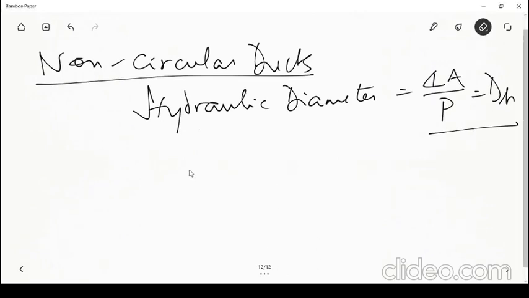So for laminar flows, we said that the constant Nusselt number in the fully developed region will change with the geometry of the non-circular duct. Let's look at some numbers very quickly. Laminar flows.